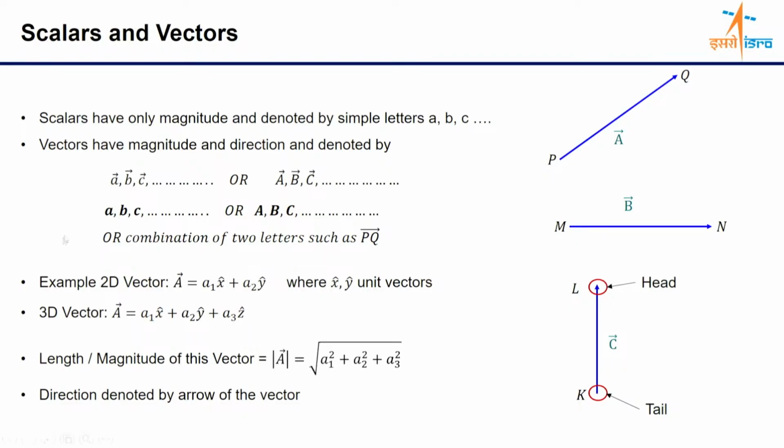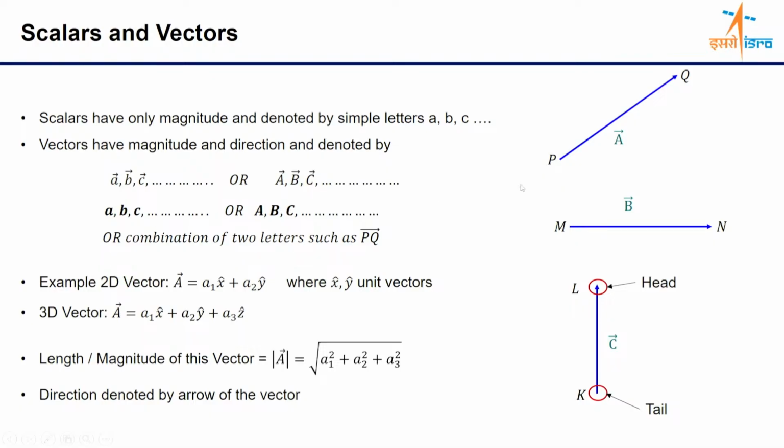The representation of vector quantities may be like this: small a, b, c with an arrow. You can say the a vector, b vector, c vector, or you can represent them by capital letters with arrows, or by bold letters without arrows, small or capital letters. These are basically the notations to represent a vector quantity.